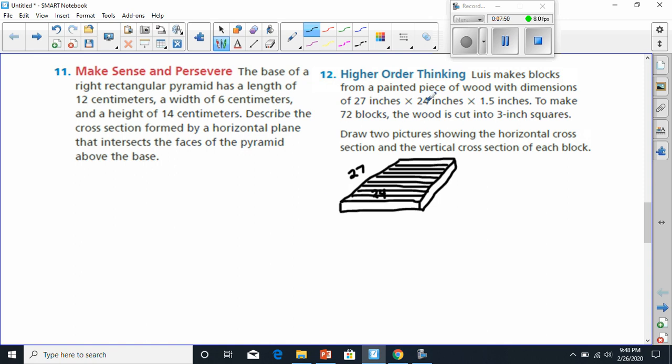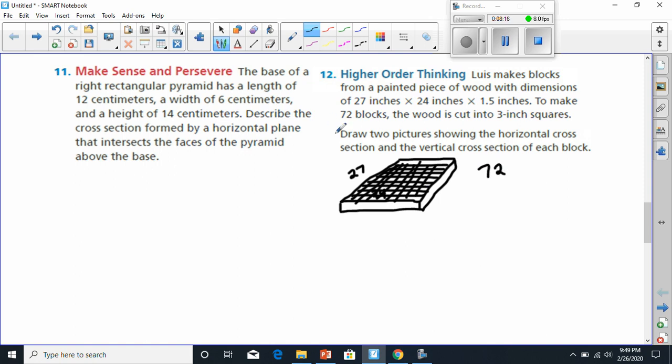So that means 24 divided by 3 will be 8. So there'll be 1, 2, 3, 4, 5, 6, 7, 8. Now, if we do this, we realize that we have 9 times 8, that's 72.